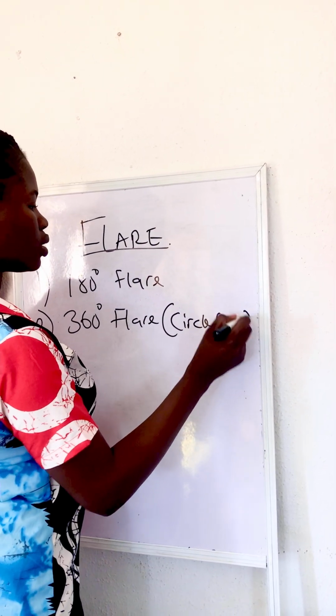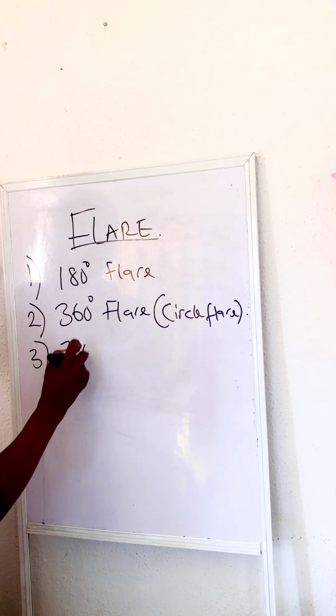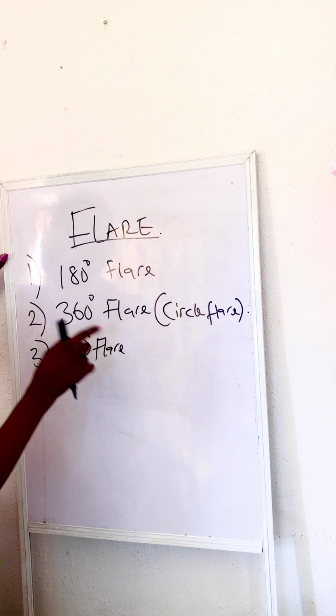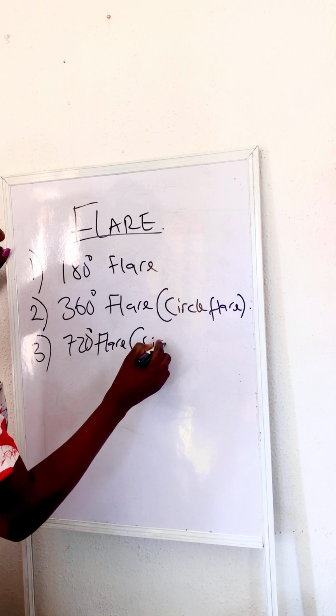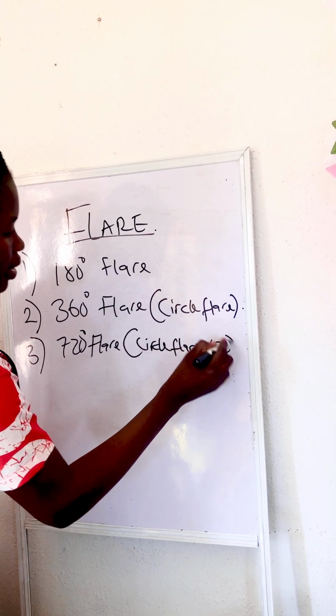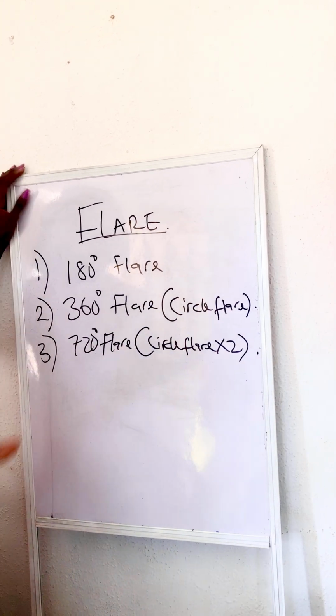Then we have the third one, the 720-degree flare. This one is twice of 360. It's cycle flare multiplied by 2. Yes, double of cycle flare. That's the 720-degree flare.